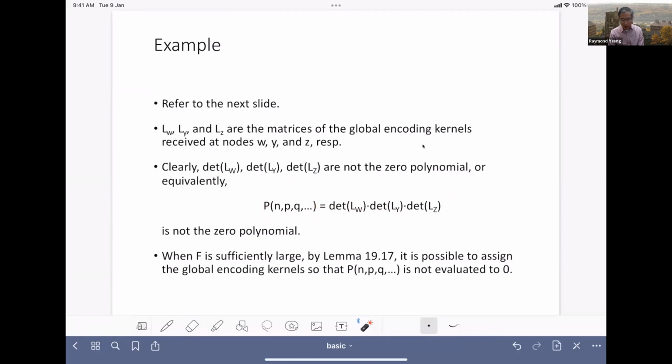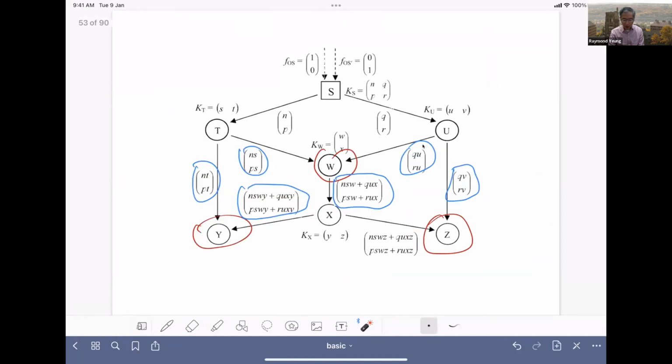Now, in this case, we can see from this figure that these determinants are not the zero polynomial, because you multiply things out, they are not zero. Okay.